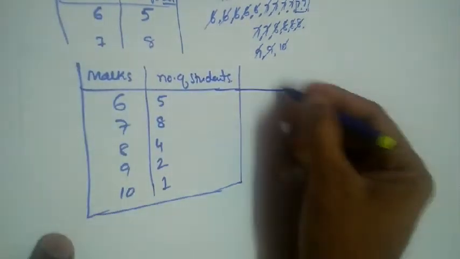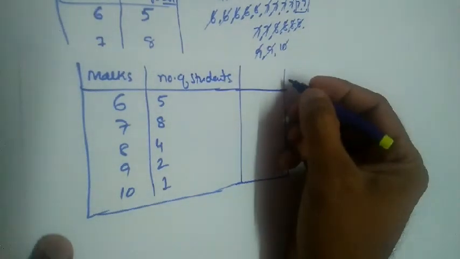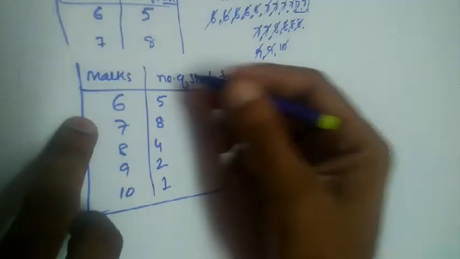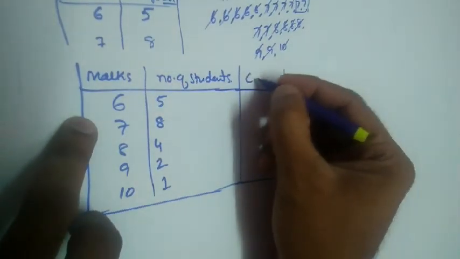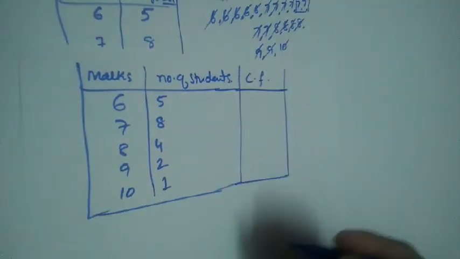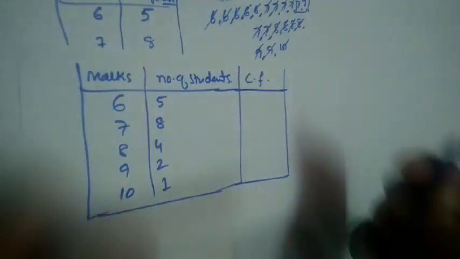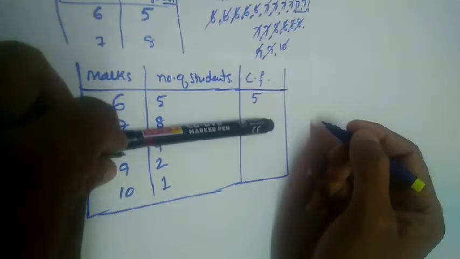Now see here, we are arranging in ascending order. Here we will write cumulative frequency, CF. So it is like this. Now see, 6 marks were obtained by 5 students, right?